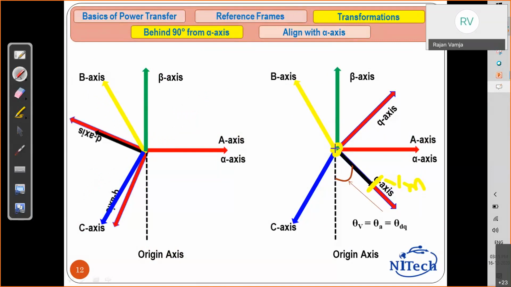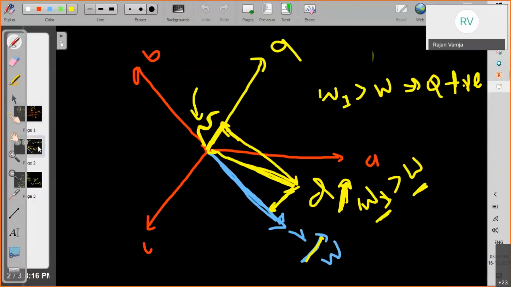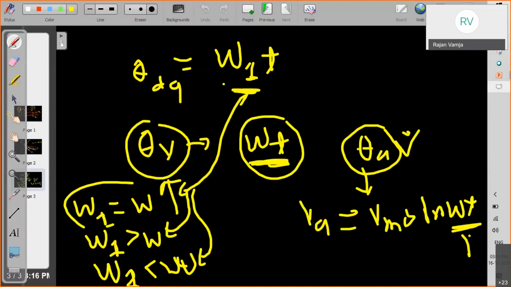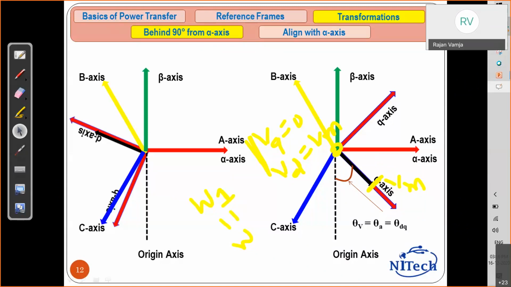So omega 1 will be equal to omega. That is nothing but our condition: omega 1 is equal to omega. So this is achieved using this SRF PLL.